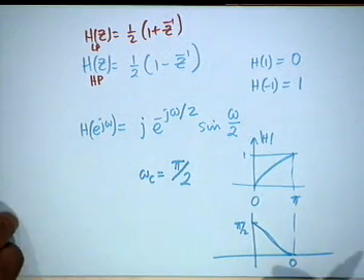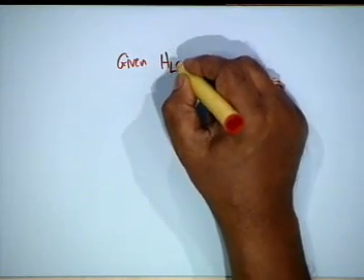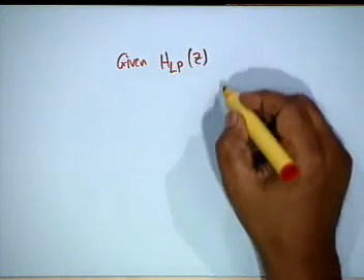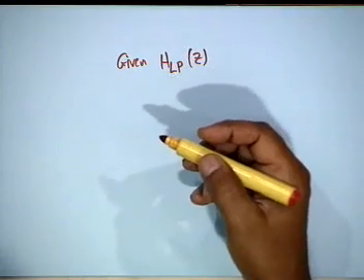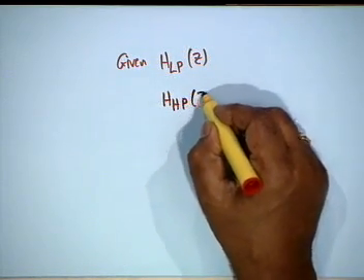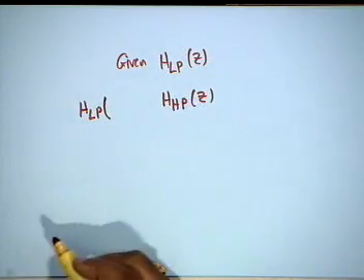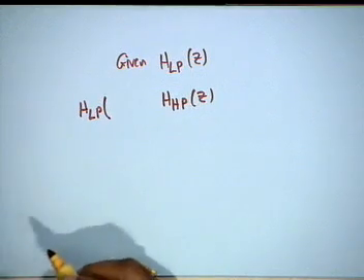That is, given a low pass filter H LP of z, you can always derive a high pass filter H HP of z if you change z to minus z.